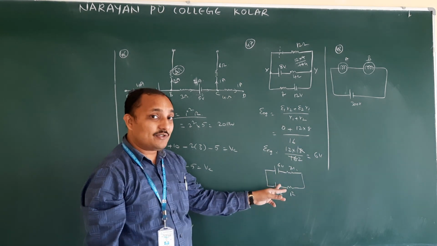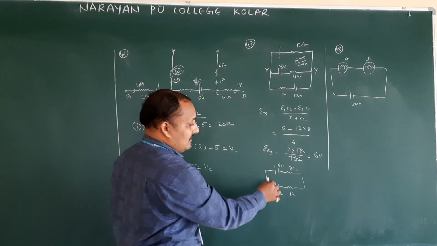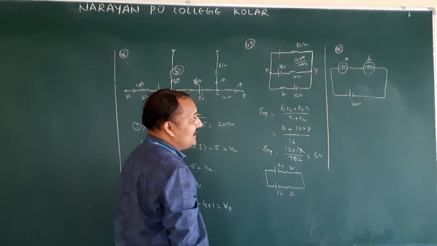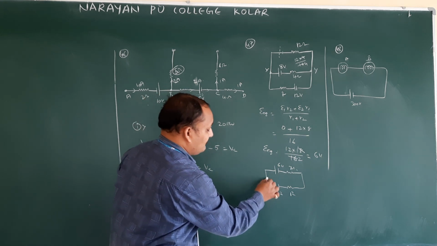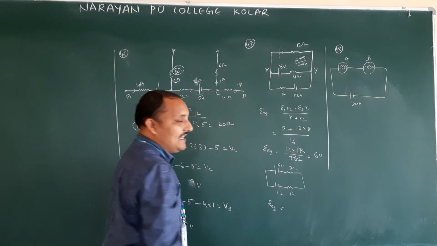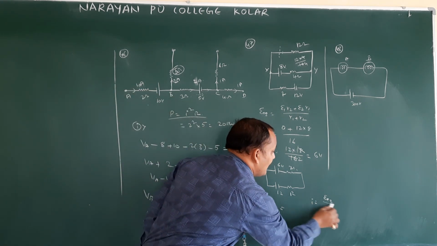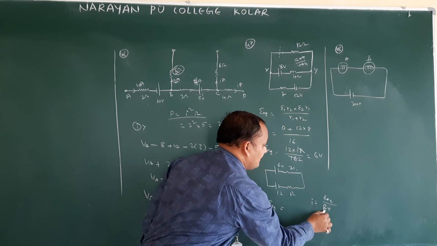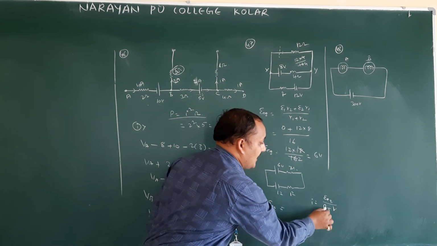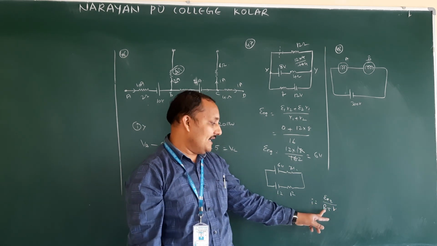Okay. Now again we are going to calculate in this how much current is going to be coming. How much current means, going to become maximum. Maximum means again we are going to find E equivalent. So I is equal to E equivalent by total resistance.